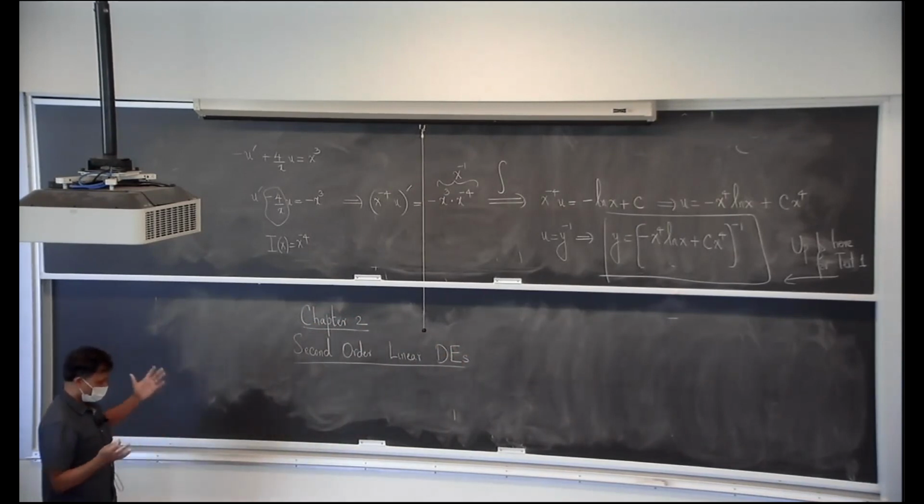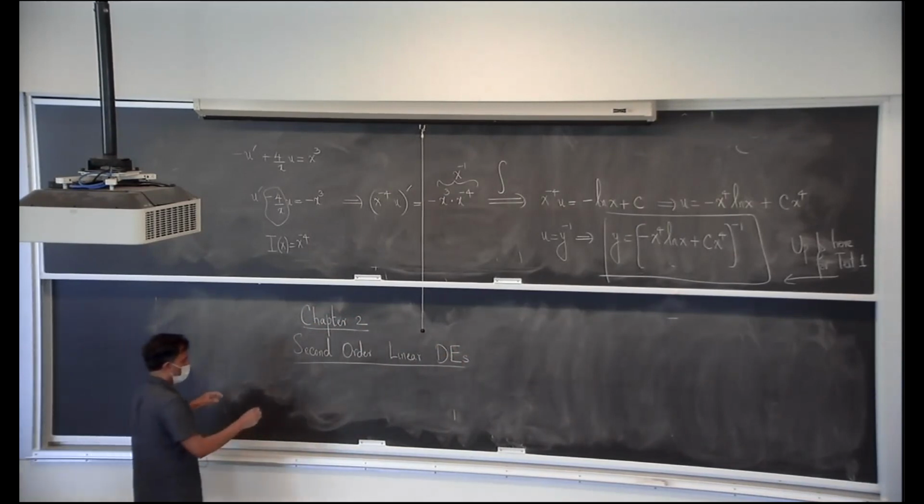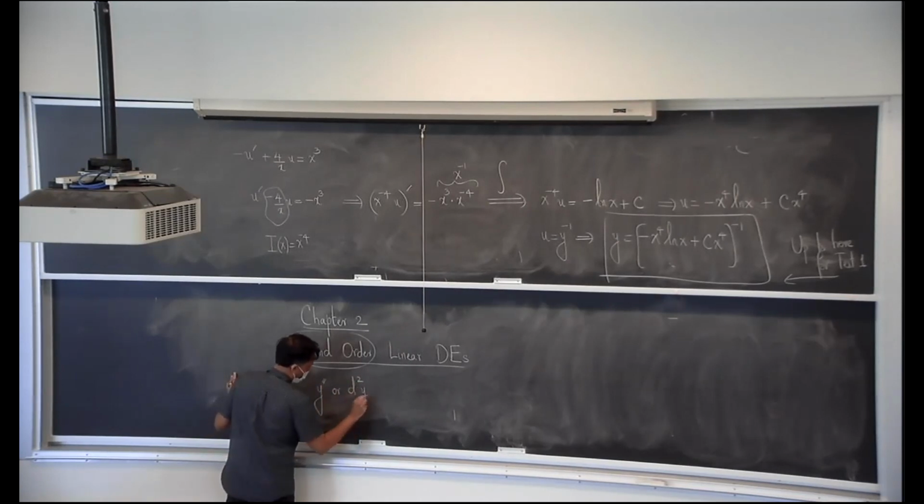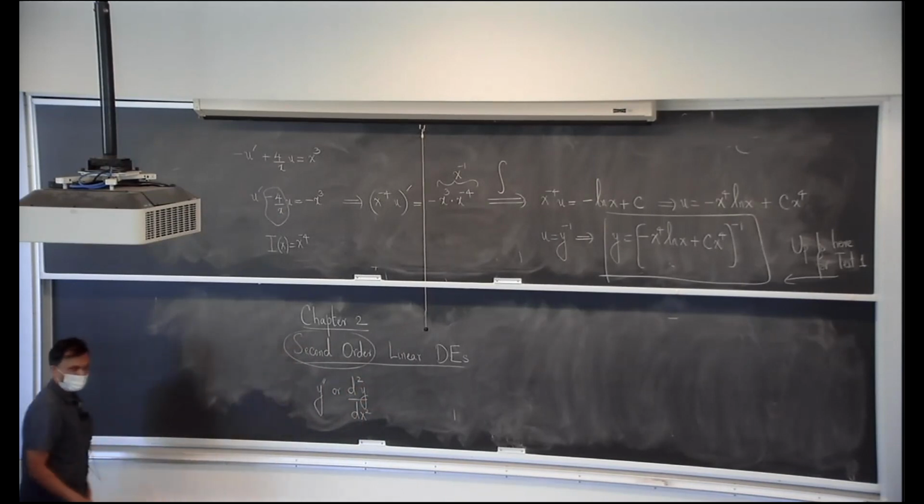Second order, as I mentioned in the first lecture, means there is a second derivative somewhere in there, y double prime, or d squared y over dx squared, is the highest derivative in the differential equation. There is no third derivative there.